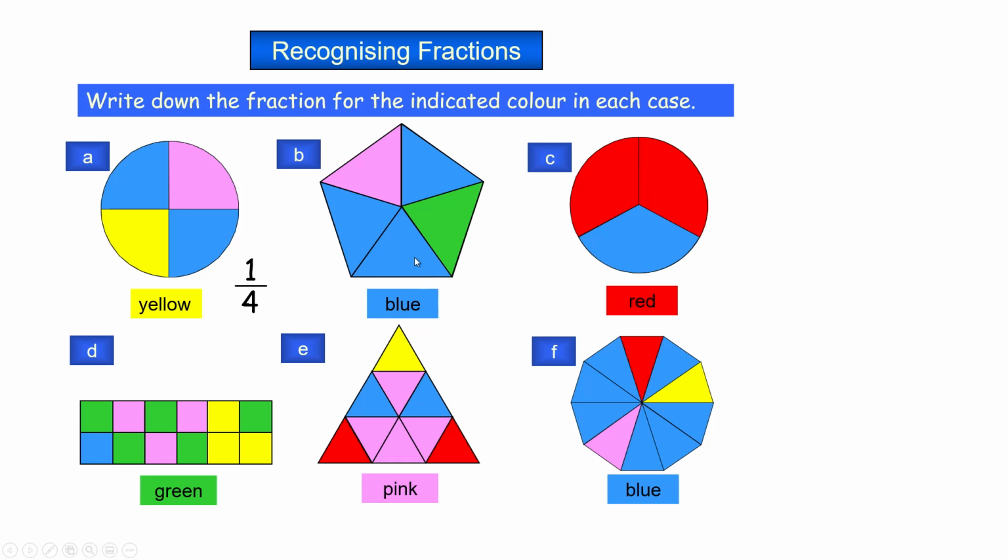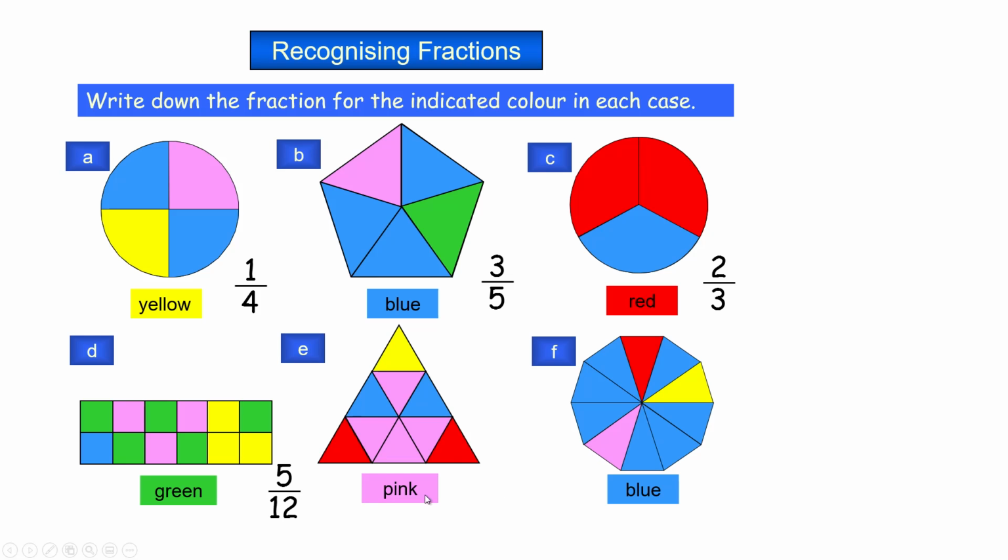Shaded blue, we got 3 out of the 5. Okay, question C. Got a circle again, and what fraction is shaded red? You should have 2 out of 3. For D, what fraction is shaded green? You should have 1, 2, 3, 4, 5 out of 12 altogether.